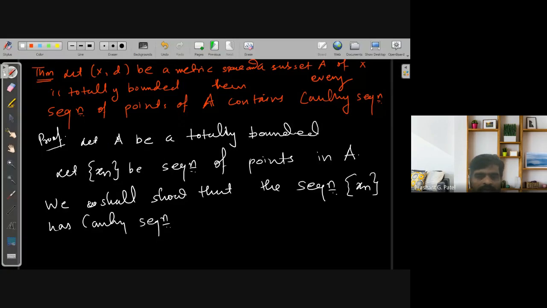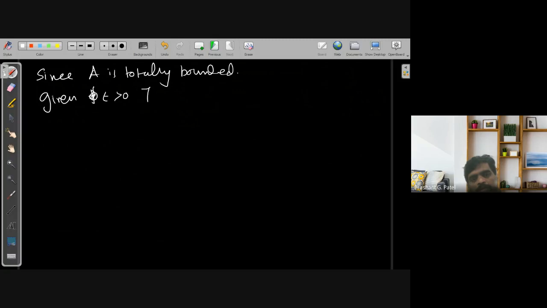So since this A is totally bounded, for given epsilon greater than 0, there exist A_i which are subsets of X with the diameter of each of these A_i less than epsilon, for every i running from 1 to n.